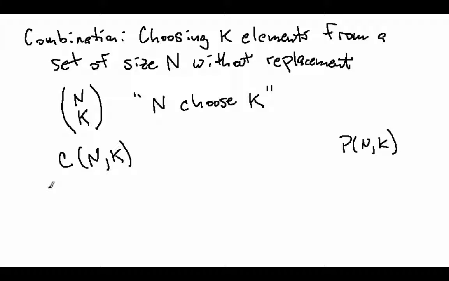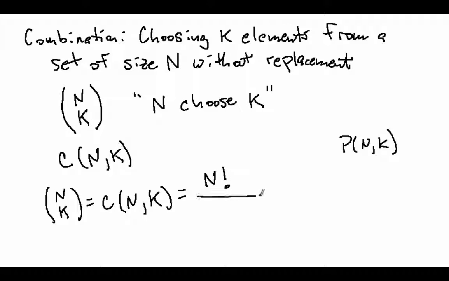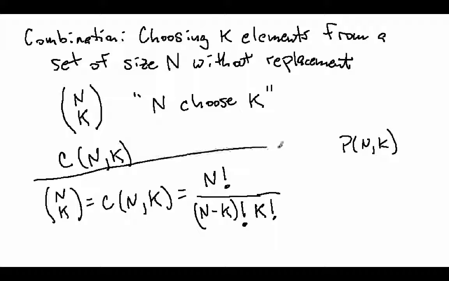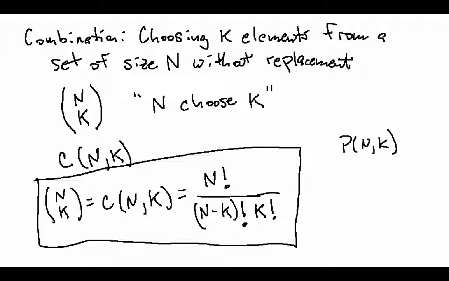But in any case, let's just formalize this: n choose k, which is equal to C of n, k, is equal to n factorial over n minus k factorial times k factorial, right there. And this is very, very, very, very important.